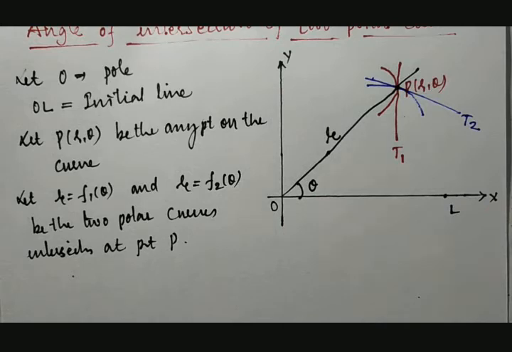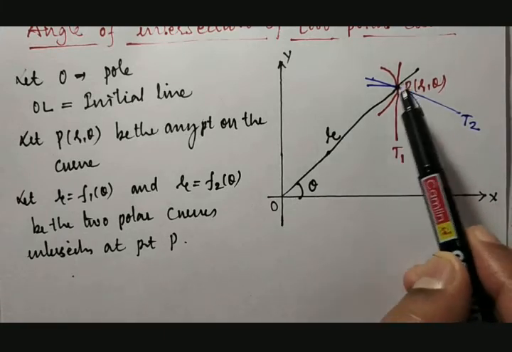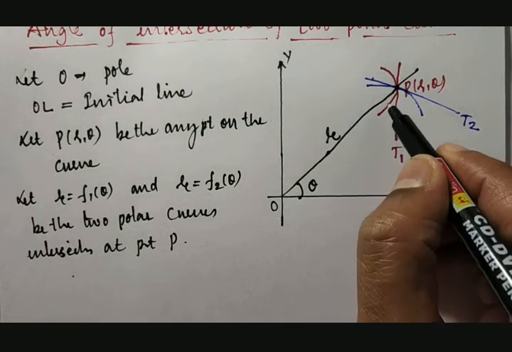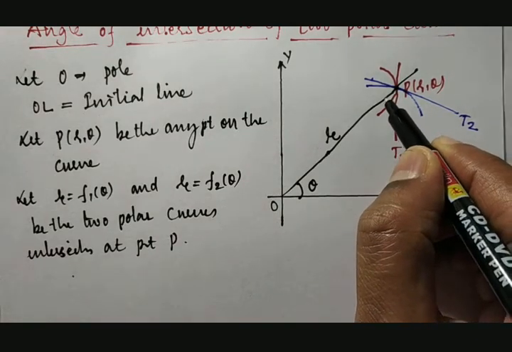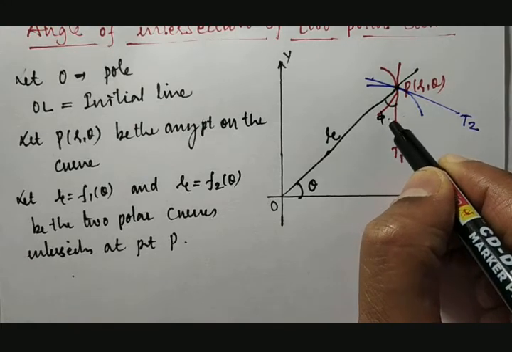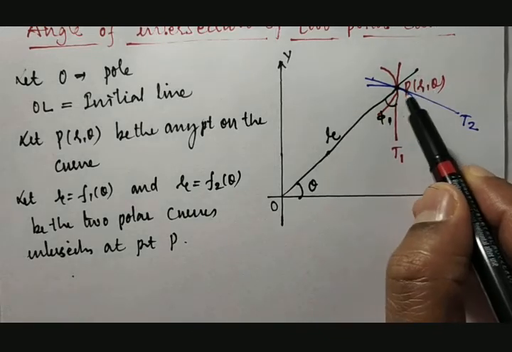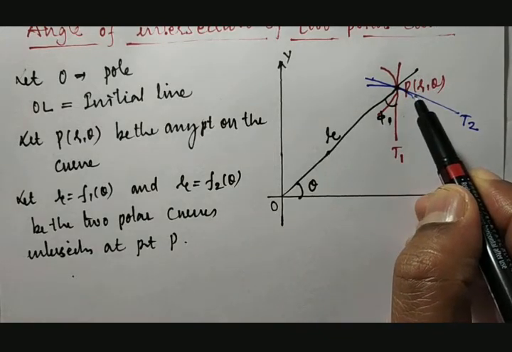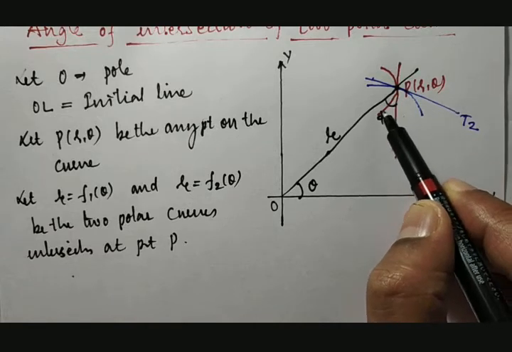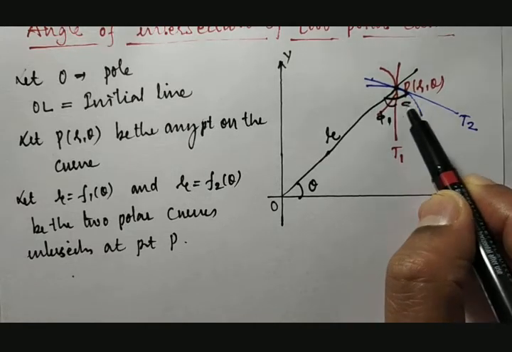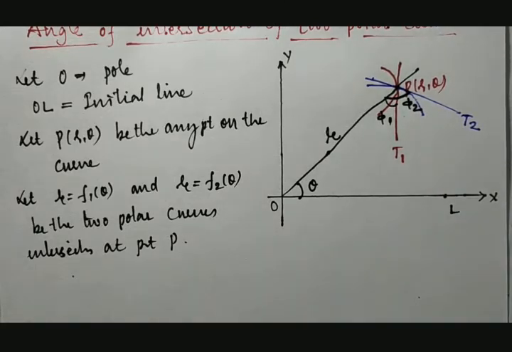As per the previous discussion, the angle between the radius vector and the first tangent will be taken as pi 1. Then the angle between the radius vector and the second tangent, this whole thing, will be taken as pi 2. Here we can see pi 2 has more angle than pi 1.